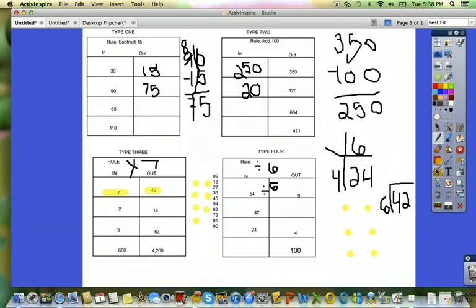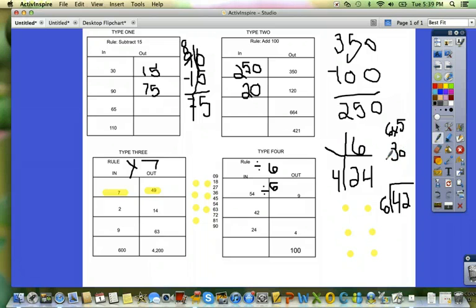So I'm going to count up on my 6s. I know that 6 times 5 is 30, okay? So I'm already at 30, and I know that I would need 12 more to get to 42.